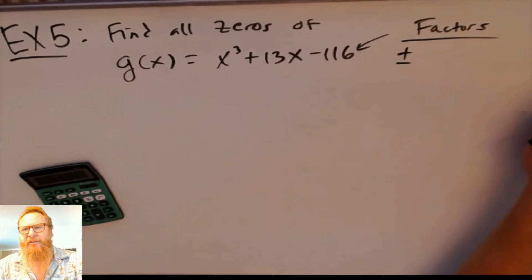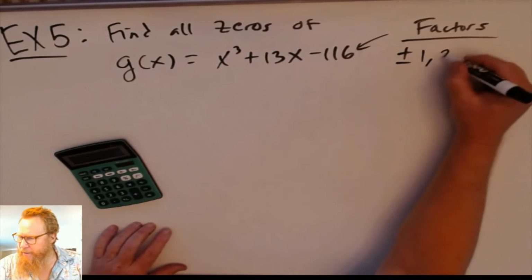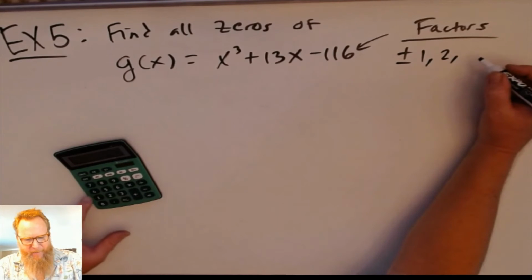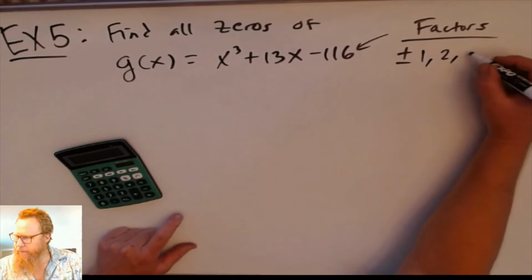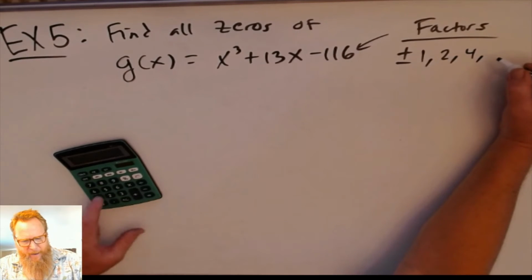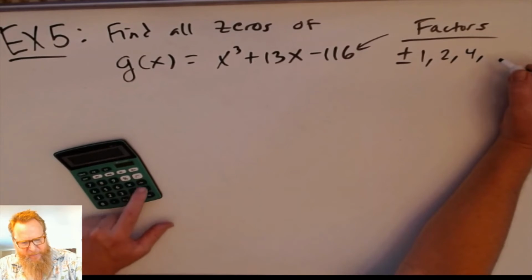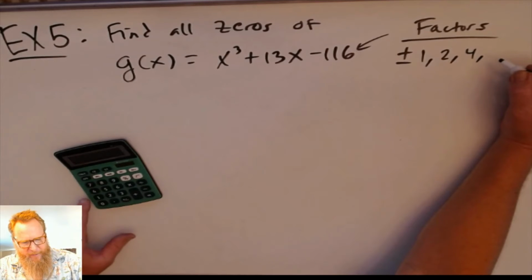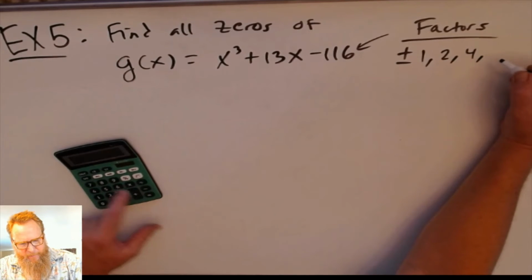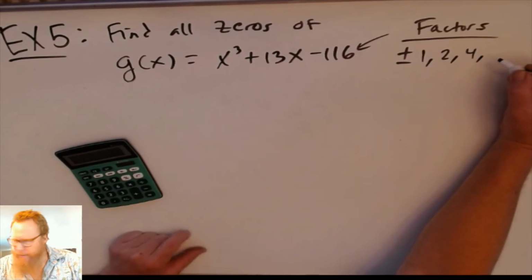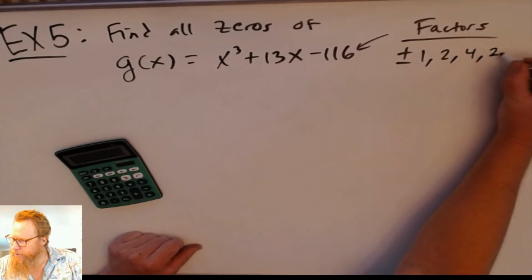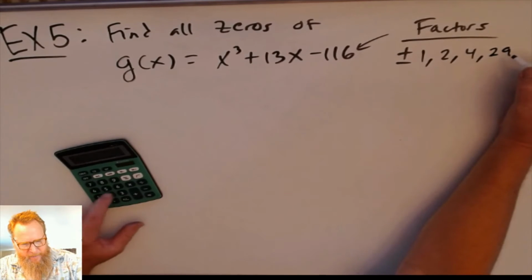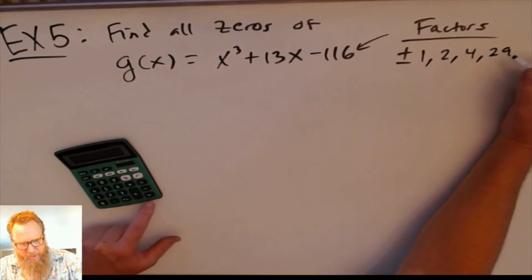The factors of 116 are 1, 2, not 3, but 4, not 5, but 6 maybe? No, not 6. 8? Nope. 29. 116 divided by 4 is 29.